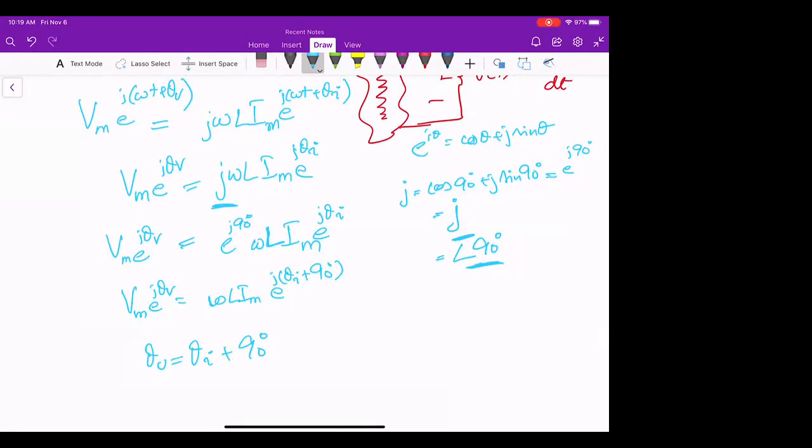So what does it suggest, who is leading what? Is it that current is leading, or is it that voltage is leading? Current's leading.